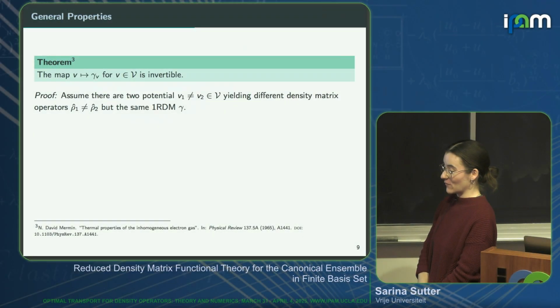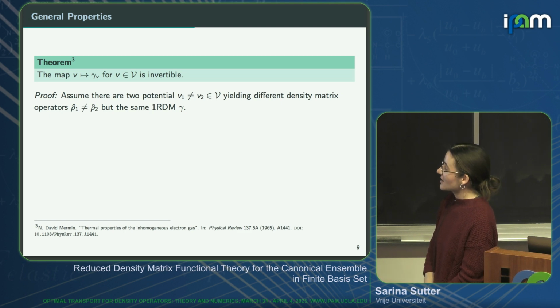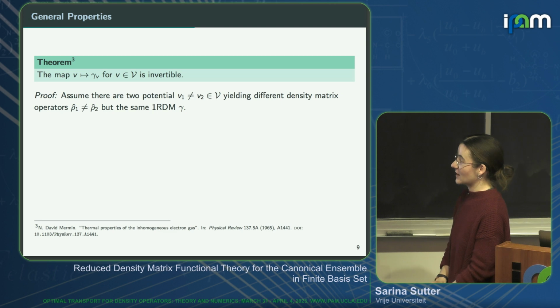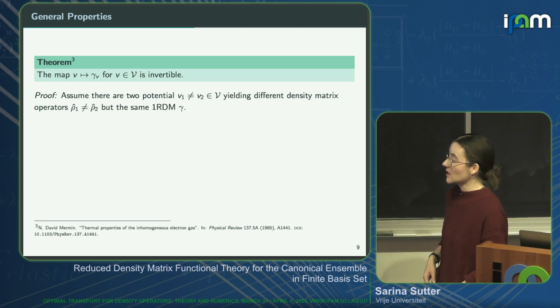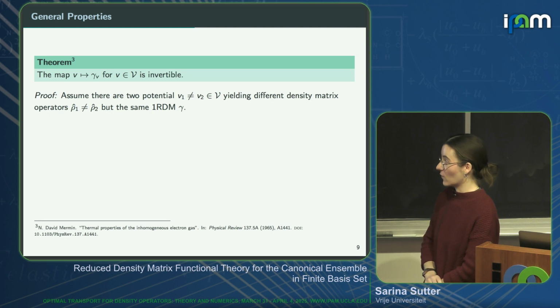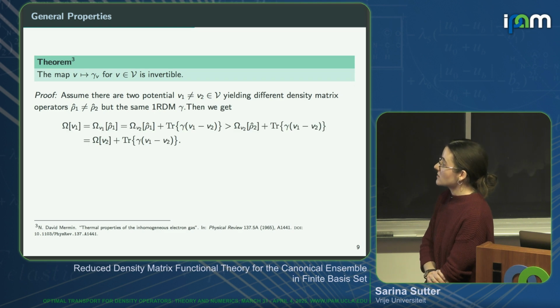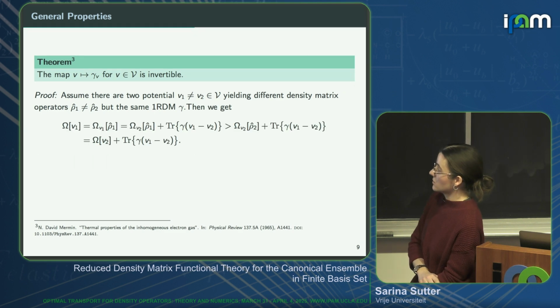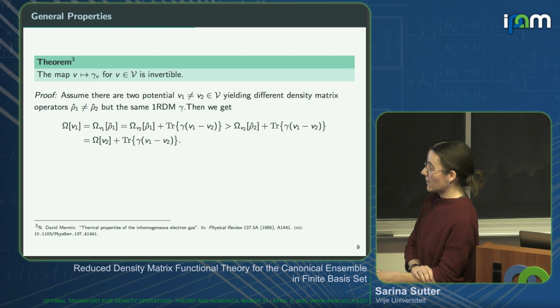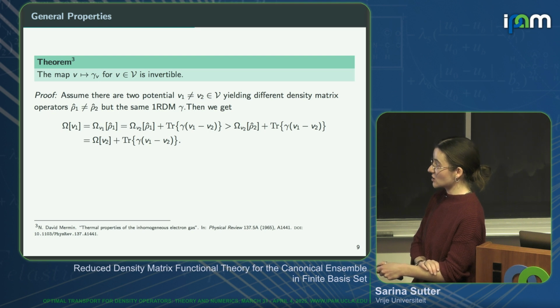So we assume that we have two potentials, and they yield different density matrices. So they have different Gibbs states, as we have seen in the theorem before, but they produce the same 1-RDM. And then we can compute the Helmholtz free energy by just plugging in our density matrix rho 1. But if we have this expression here, we can add and subtract the potential energy with V2.